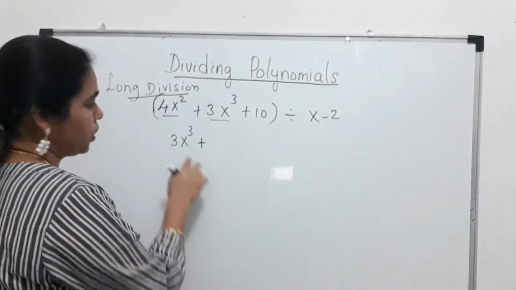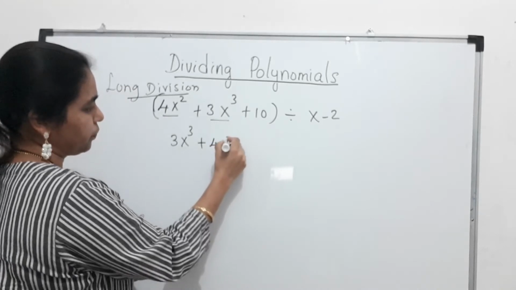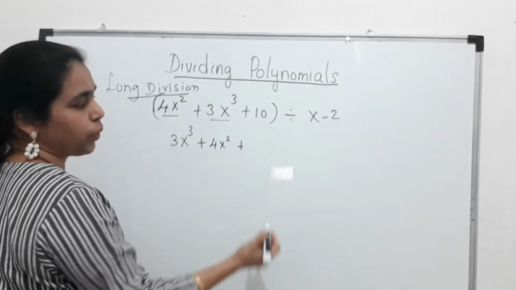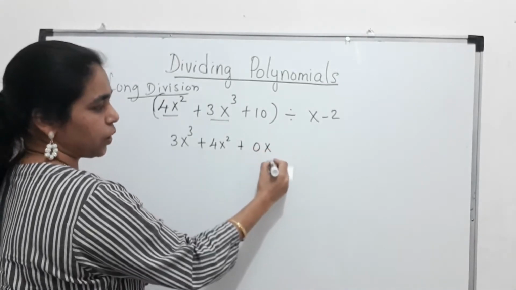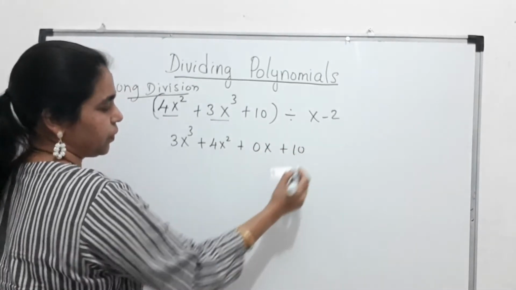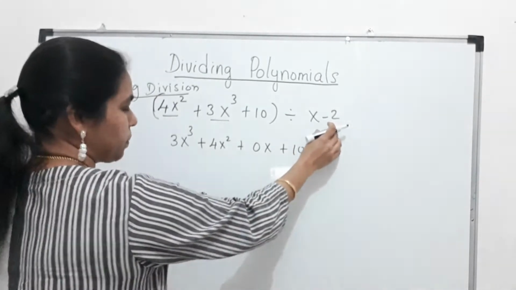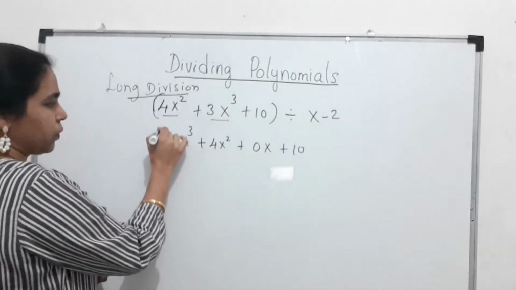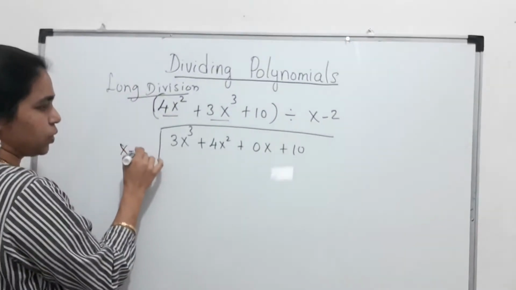So this is 3x cubed and then you have to write 4x squared. And then there is no x term, so you cannot leave that. You have to write this as 0x and then plus 10. We are going to divide this polynomial by x minus 2.